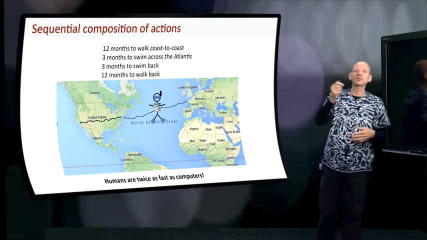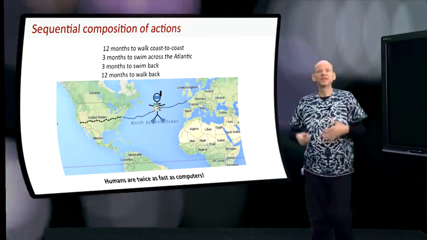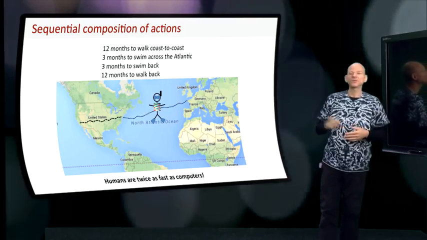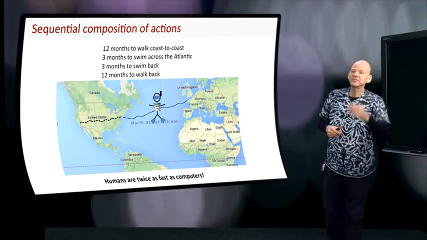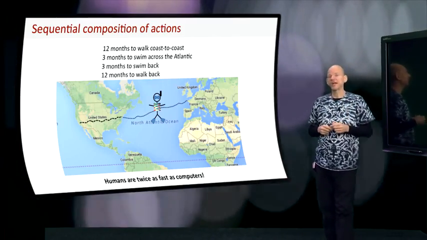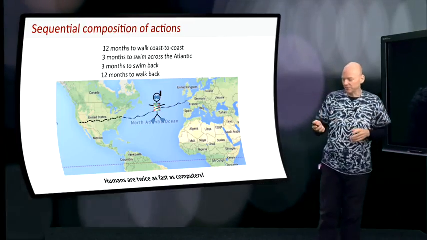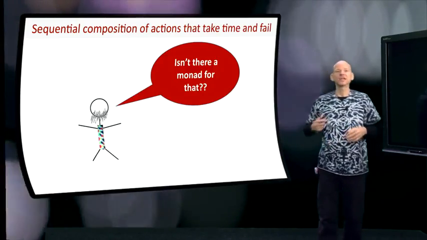And if you want to walk across the continental US, that takes about 12 months. So if you can make the same journey that that packet makes, it means that humans are still twice as fast as computers. So I wouldn't worry too much about the machines taking over.